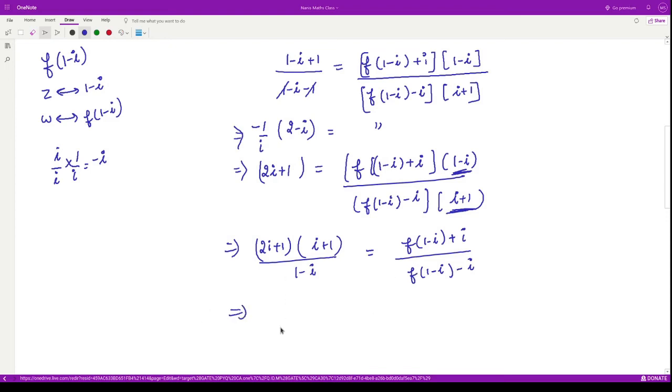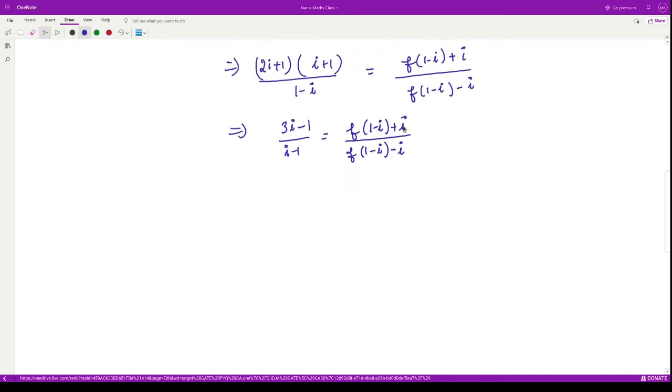Now we can solve this thing. So when you simplify this, you will be getting 3 iota minus 1 divided by iota minus 1. So you can check your calculation. So it would be f of 1 minus iota plus iota divided by f of 1 minus iota, right? And again, you can simplify this thing either by applying componendo or dividendo, or simply just solve for f of 1 minus iota.